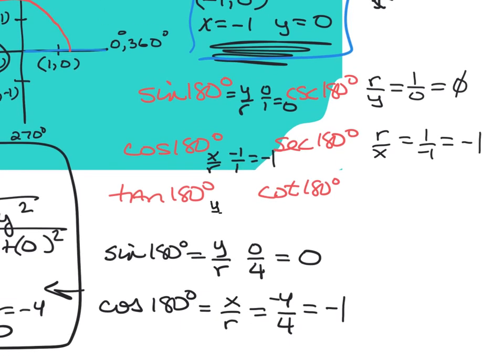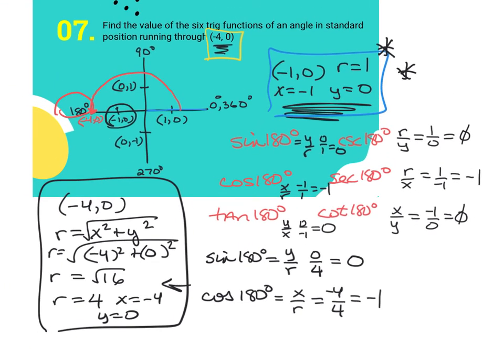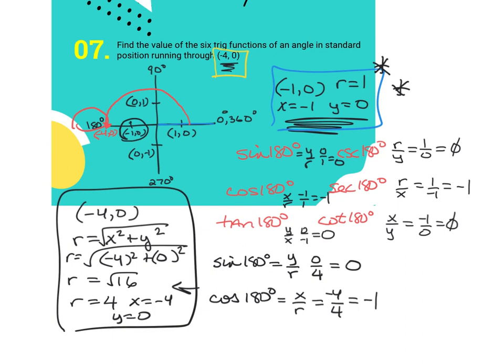Tangent, Y over X, my Y is 0, my X is -1, this one simplifies to 0. And then cotangent, flip it, X over Y, -1 over 0, and this one is undefined as well. And that is it for these quadrant angles.